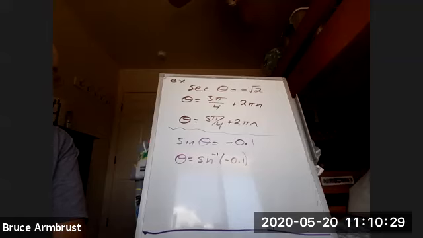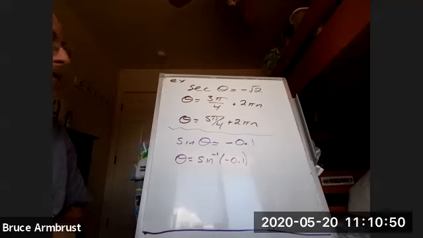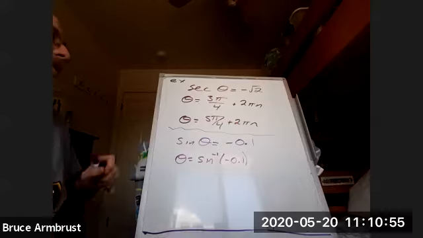So where can that happen? Which quadrants give us negative sine? All right, thanks, Diego. He just says 3 and 4. So definitely 3 and 4. So there are two locations where there's going to be a theta that gives us a negative 0.1.